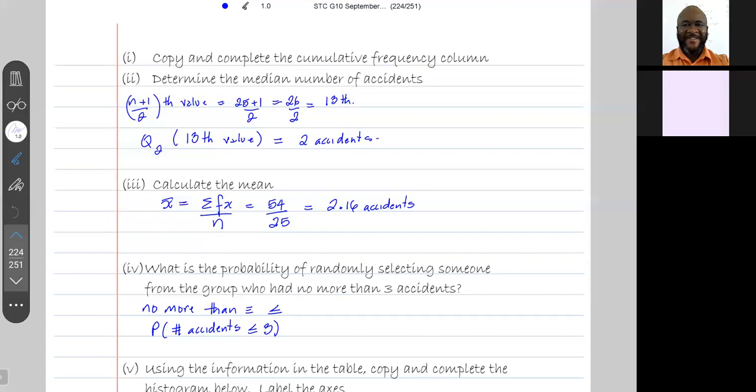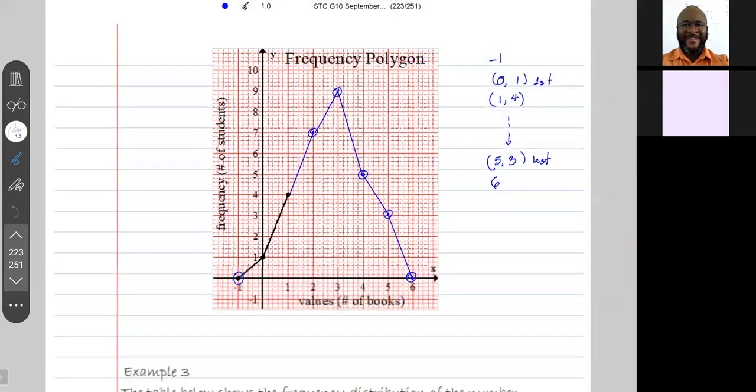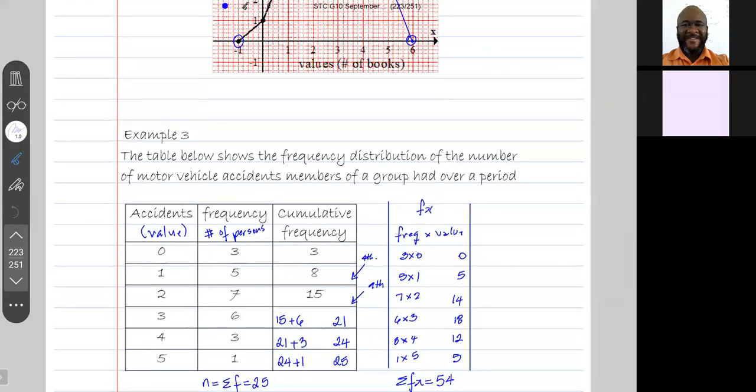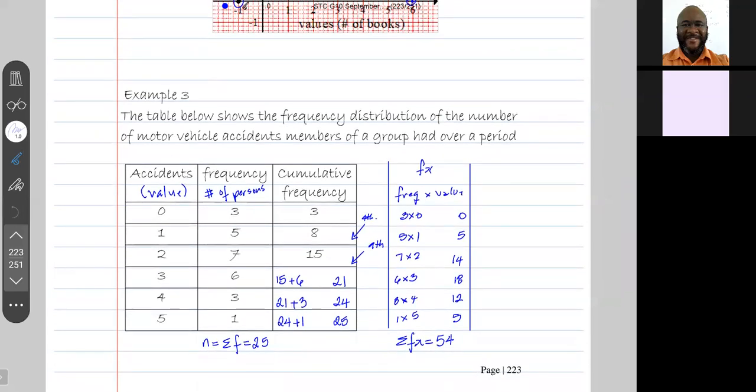Back to the table. We want to know how many persons had either 3 accidents or less than 3 accidents. That's these people here, and that looks like a total of 21 persons.